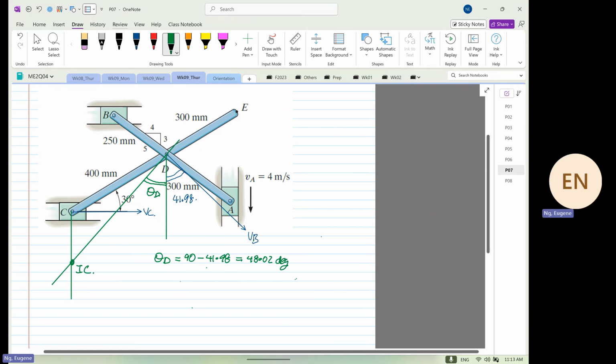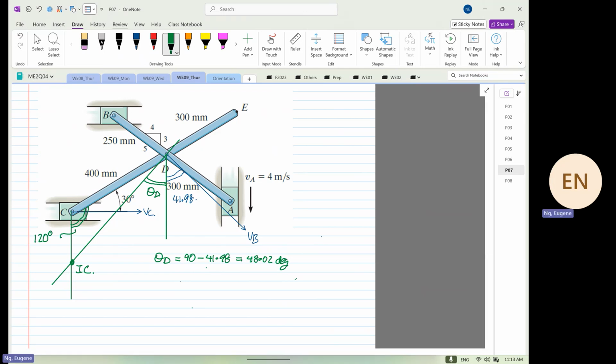So now we have to determine DIC. We also know that this angle over here is equal to 120 degrees, and we know this length.